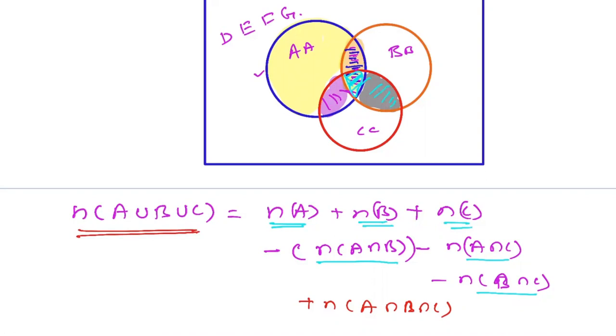And what we require is no two A's together, no two B's together, no two C's together. So how do we find this?